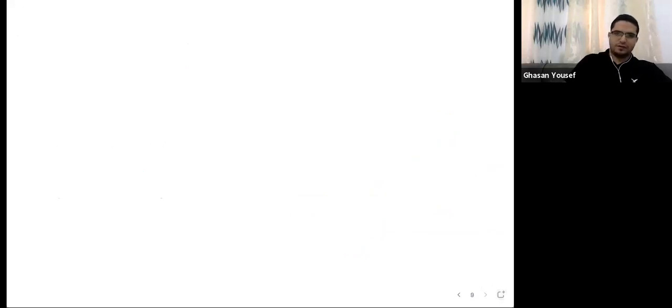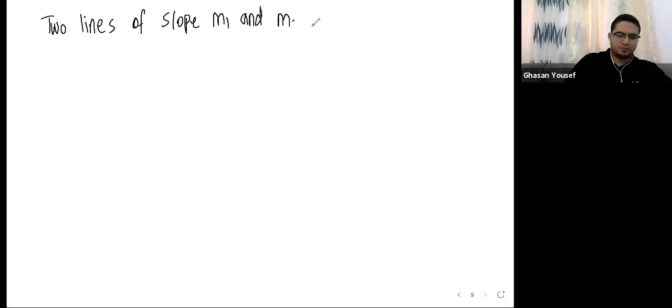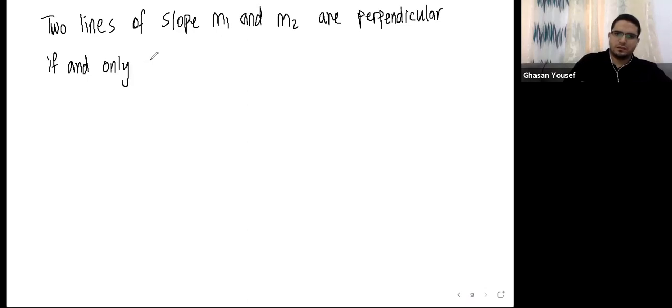Second point, we have to know two lines of slope m1 and m2 are perpendicular if and only if m1 times m2 equals -1.